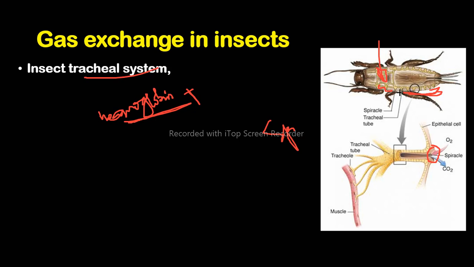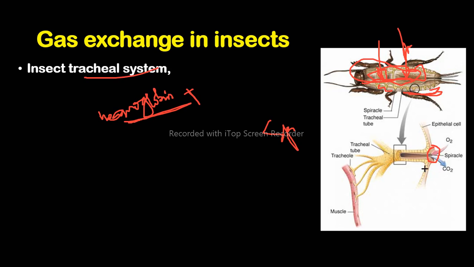You should know that the insect's body is covered by a cuticle, in fact a waxy cuticle, that is impermeable to not only water but also the respiratory gases. So there is no way the gases will just diffuse across the entire body. And so as a result, you must have some specific sites on the insect's body where exchange of gases is going to take place.